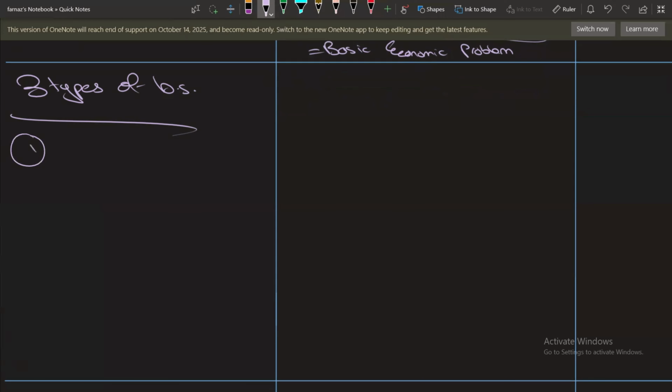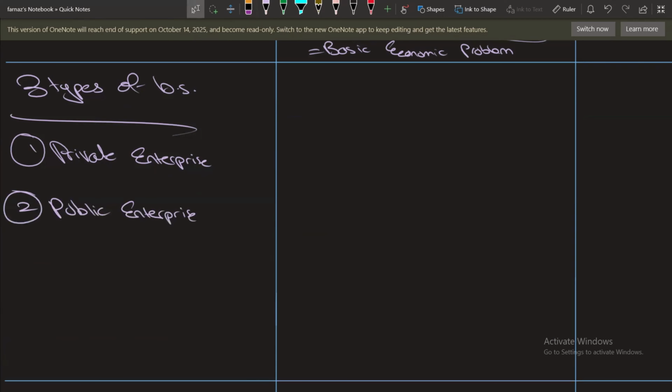Whether you're doing a private business, in the private sector, or private enterprise. Is your purpose falling under public enterprise? Or is it social enterprise? Which type of business are you doing? Private enterprise, public enterprise, or social enterprise?